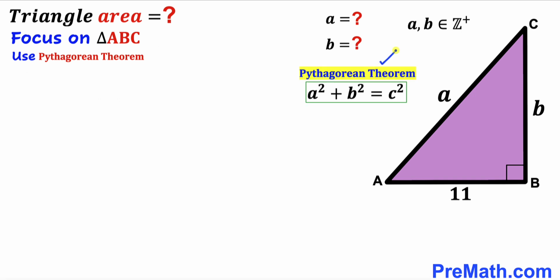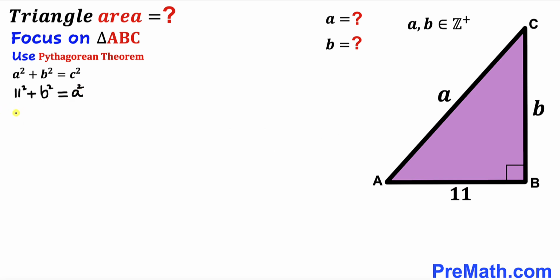Here's our Pythagorean theorem: a squared plus b squared equals c squared. In our case, lowercase a is our hypotenuse, where lowercase b and 11 are the other two legs of this triangle. So let's fill in the blanks: 11 squared plus b squared equals a squared.